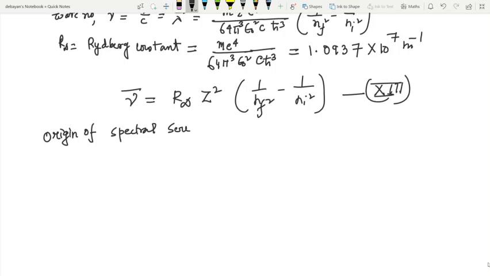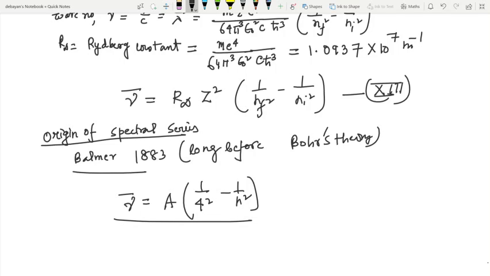That means the Balmer series was described long before the Bohr theory was discovered. So when the Bohr theory was discovered, we compared the Balmer series with it and modified it, and it is known as the Balmer series.